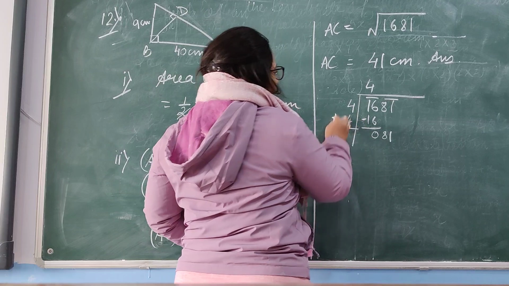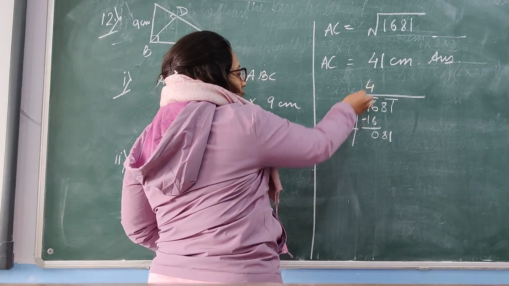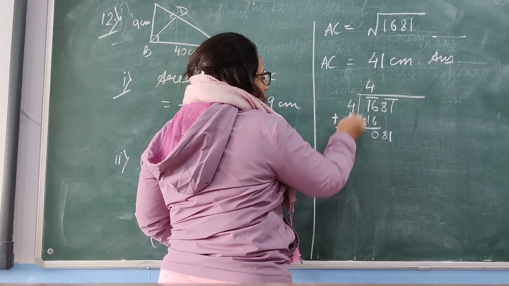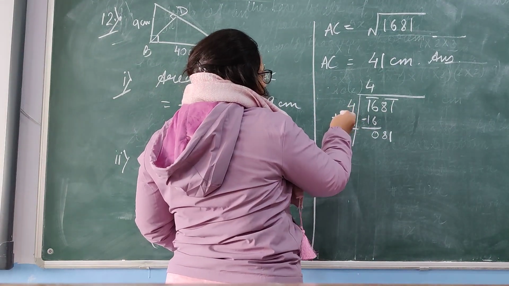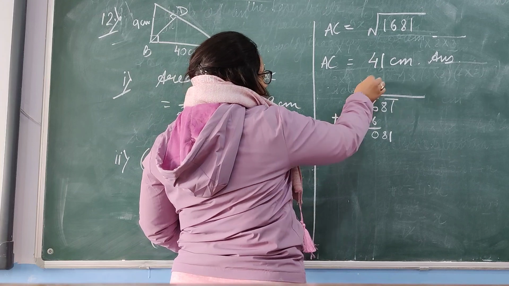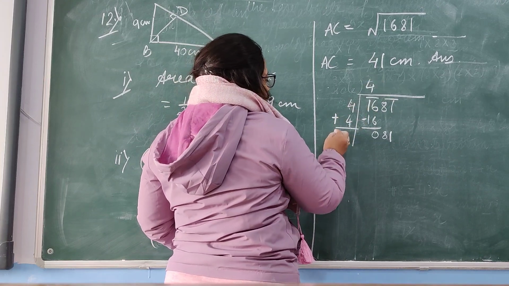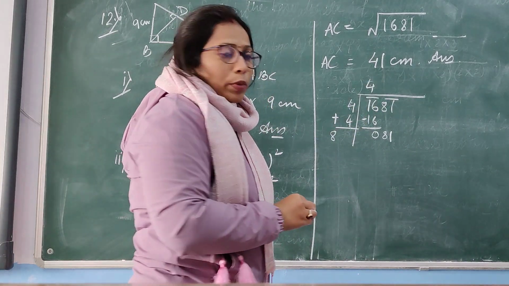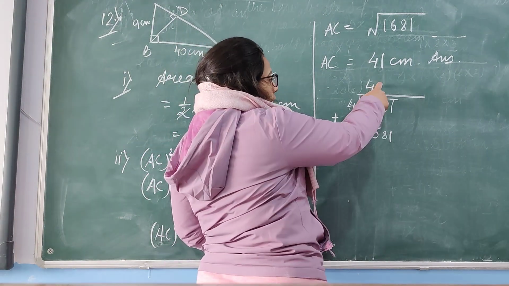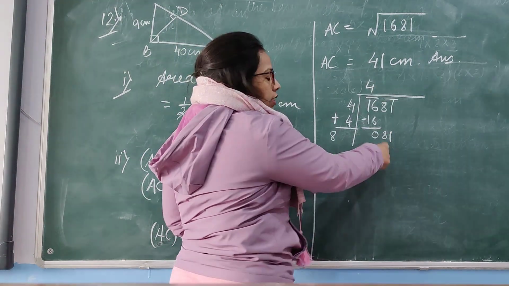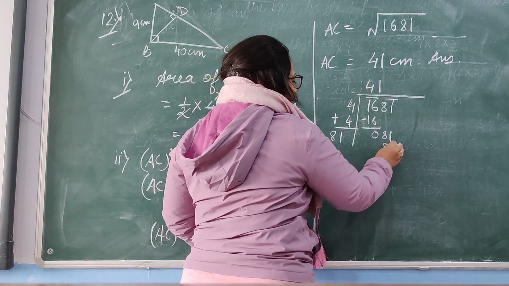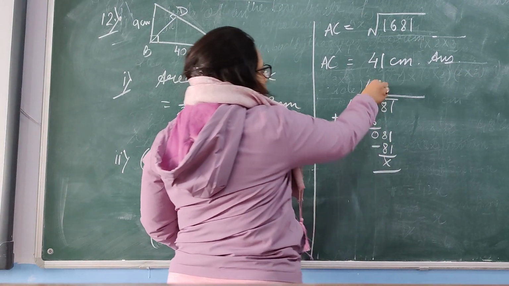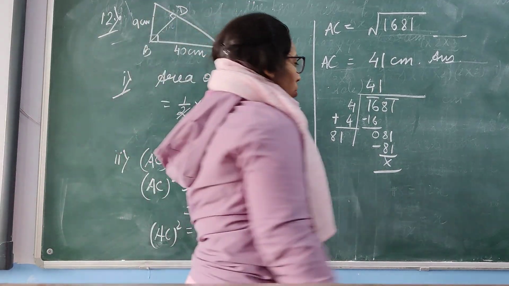So we have to add the divisor with the quotient. So 4 plus 4 is 8. So we have got 8 over here, and then we have to write a number over here which has to be written over here also, and we get the same number. So that number could be 1 only. 81 into 1 is 81. So we got 41 as the square root of 1681.